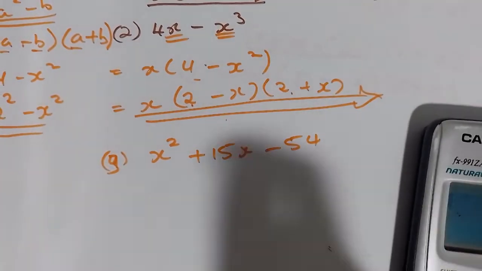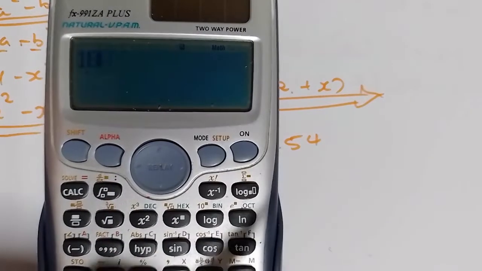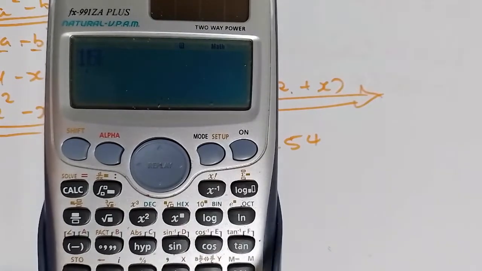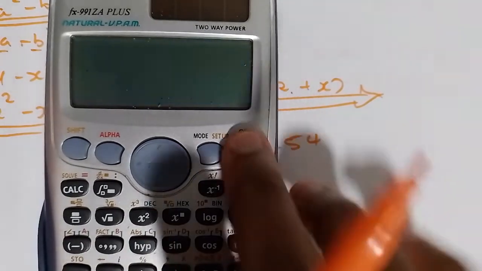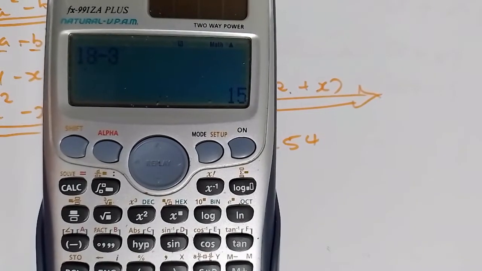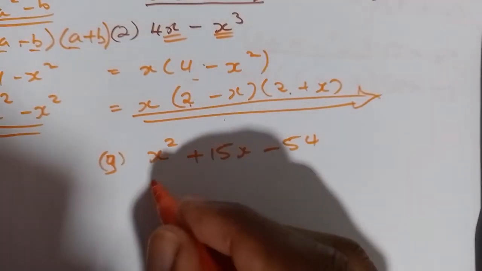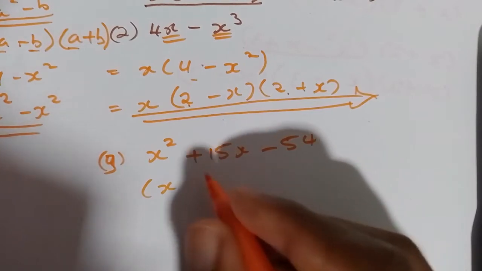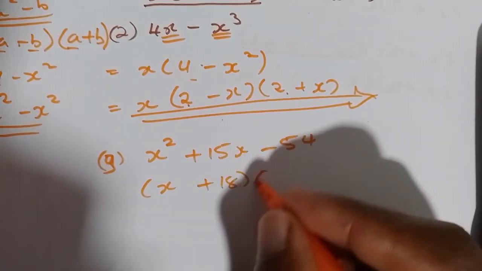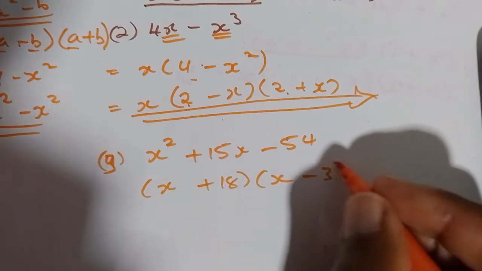So I need something that will give me a positive. Okay, I can just say 18 multiplied by 3. It's 54. Then 18 minus 3, it's 15, right? There you go. Then I'm just going to have my factors as x plus 18, x minus 3, right?